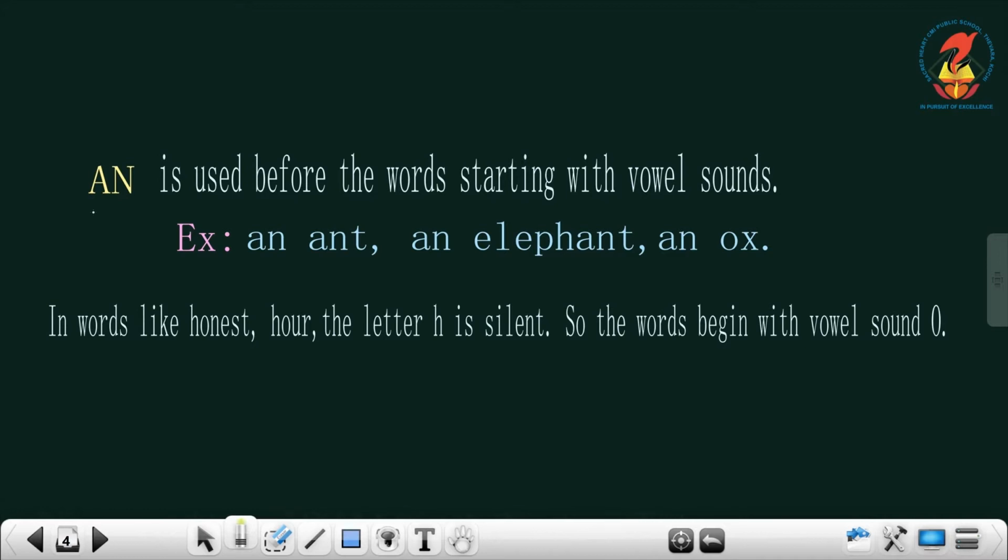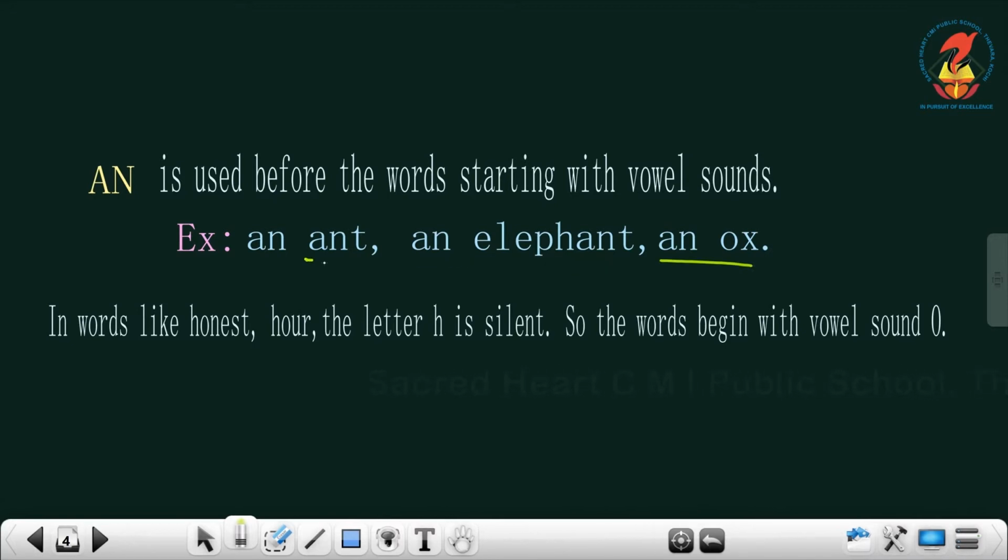Now, article an is used before the words starting with vowel sounds. Be careful, okay? It is vowel sounds, not vowel letters. Example, an ant, an elephant, an ox.